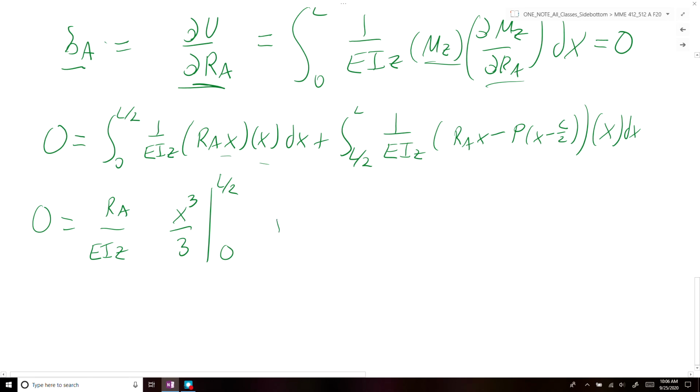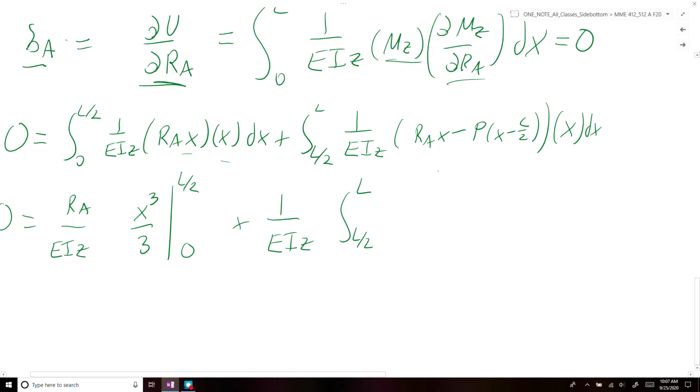Our next integral is a little bit more complex, so we'll still have the 1 over EIz term. The integral will be from L over 2 to L, and it should be equal to RA x squared minus P x squared plus PL over 2 times x, dx.